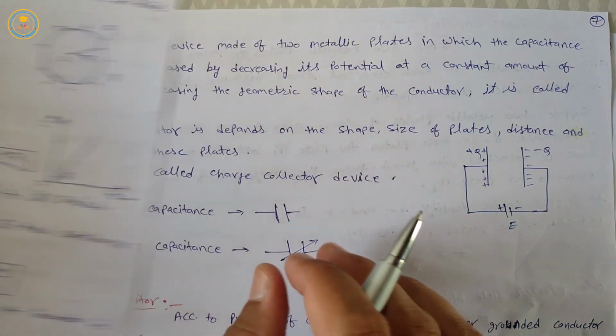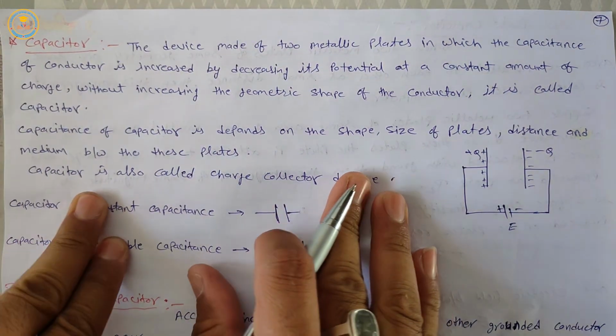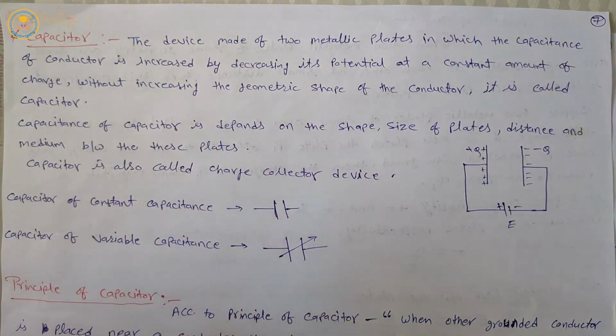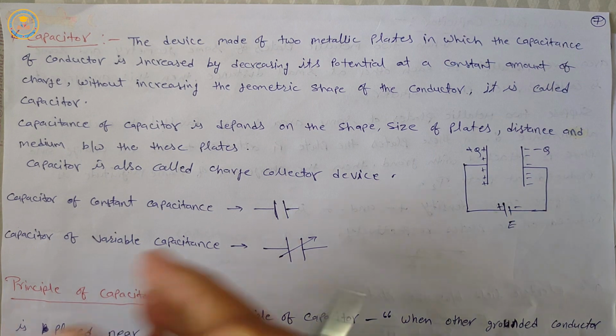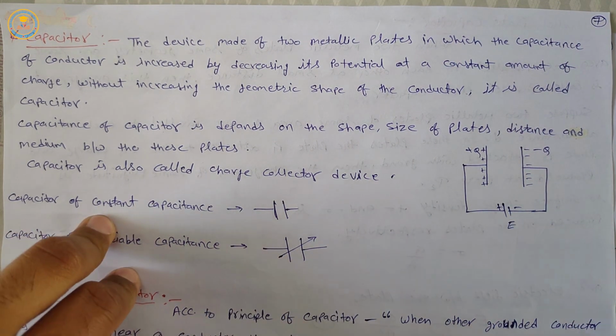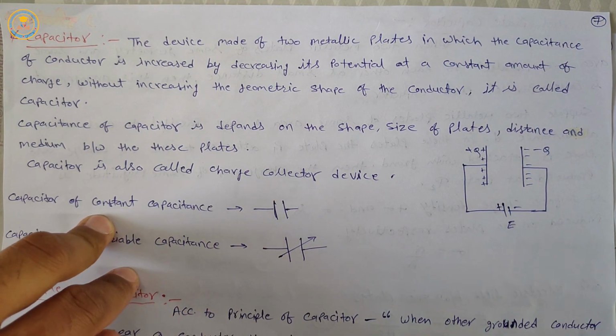But we want to increase capacitance without increasing the geometric shape or area of the conductor. For this we made a metallic device, which is known as a capacitor.